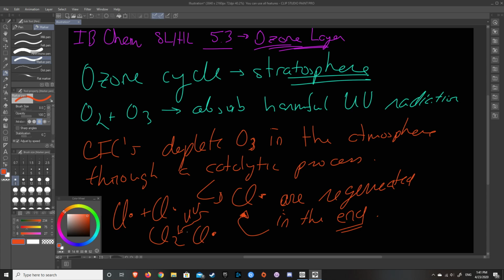So there's no way to remove them from the atmosphere, from the stratosphere. Even through termination, they will again absorb UV light and then regenerate into chlorine radicals to again destroy more O3.